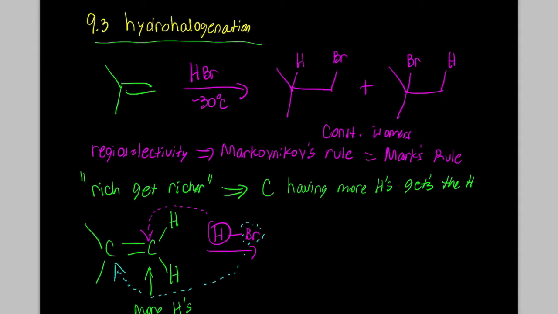And remember that we erase the double bond, or we don't show the double bond in the products. So let's draw that. Here's our carbon. Here's our carbon. And so the hydrogen is going to show up right here, and the bromine is going to show up right there.